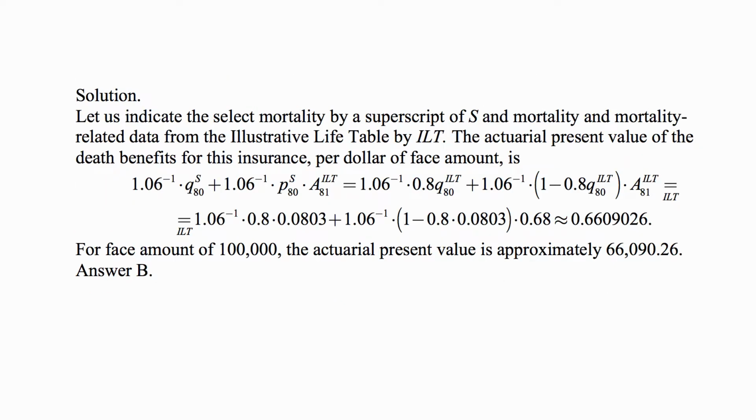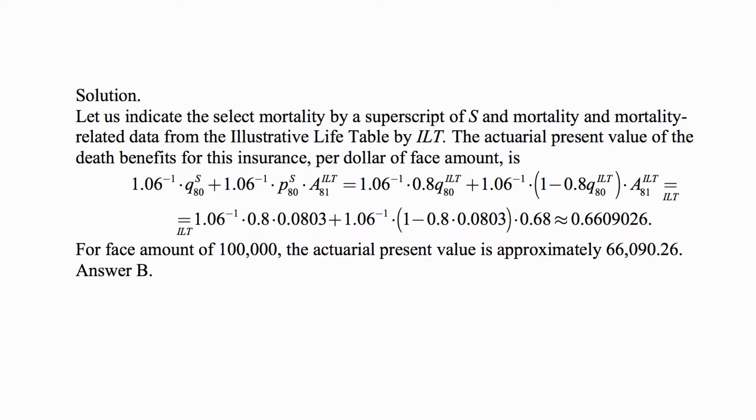Well, first, the natural question to ask is, what do they mean by the rate being 80% of the rate in the illustrative life table? It could mean two things, possibly. One is that the probability of dying, Q, is 80% of what it is in the table.